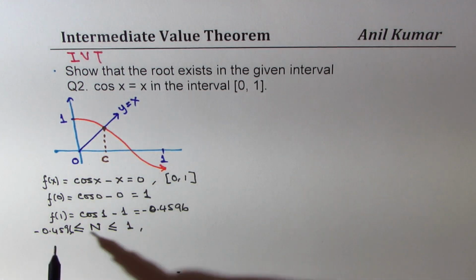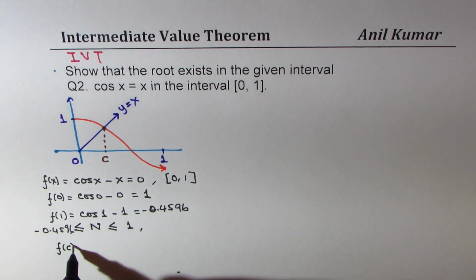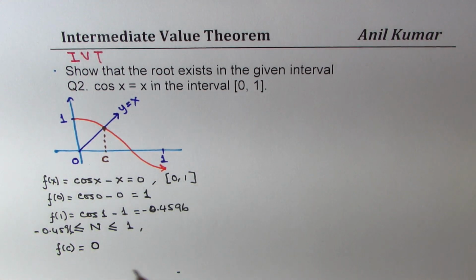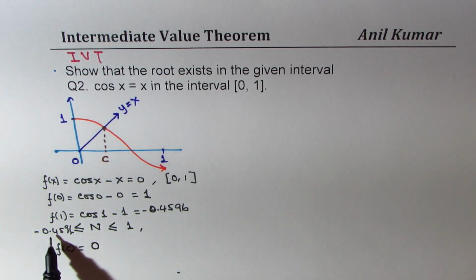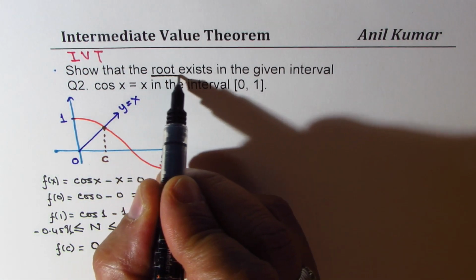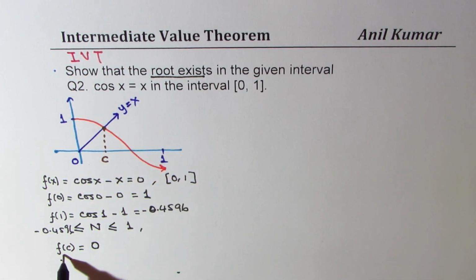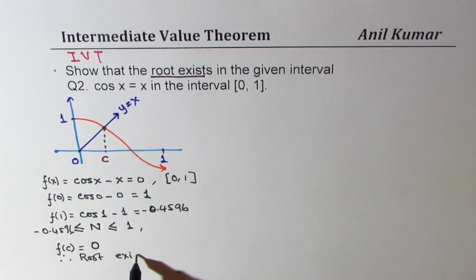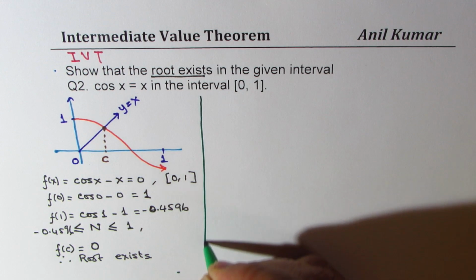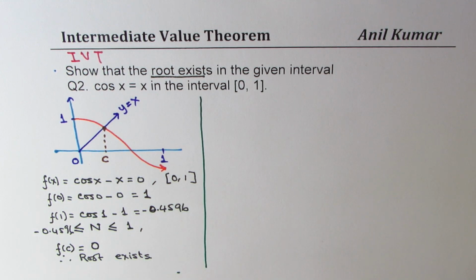So what we can find is a value c for which n is 0. Every value exists between these two, including 0, and therefore root exists. So that is the first part. We have understood that definitely there is a solution to this particular equation.